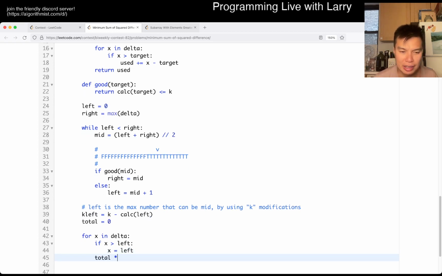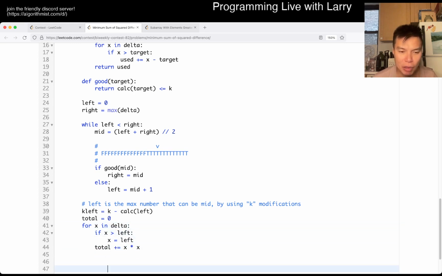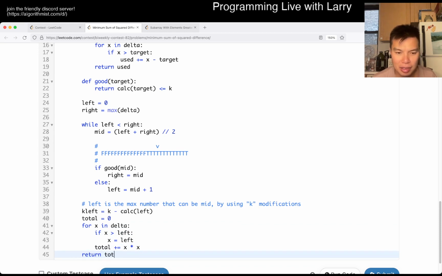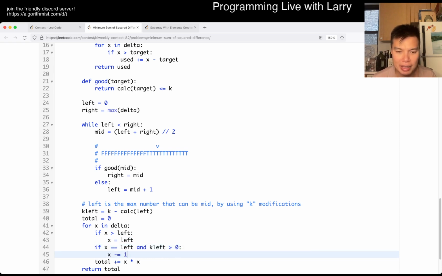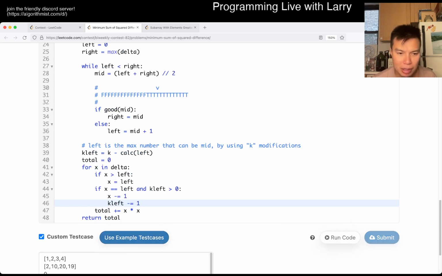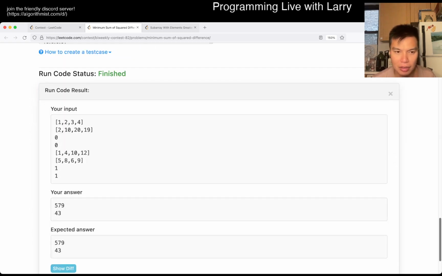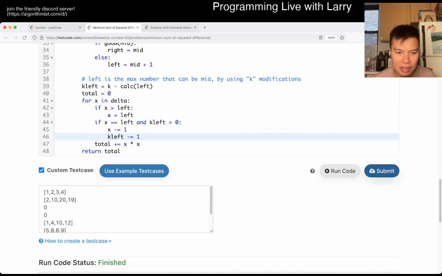Total is increased by x times x, except this is mostly right, except we don't care about k left. So if x is equal to left and k left is greater than 0, we decrement k left by 1, and that should be good, maybe. At least it's good for that case, so let's give it a spin.